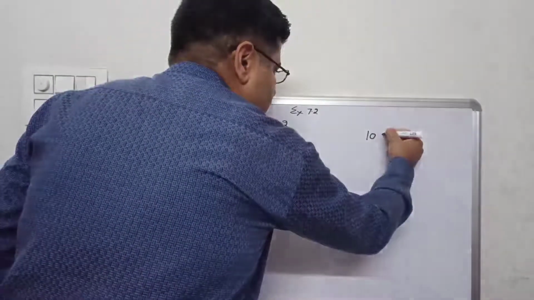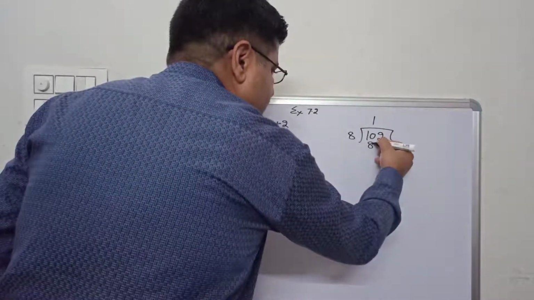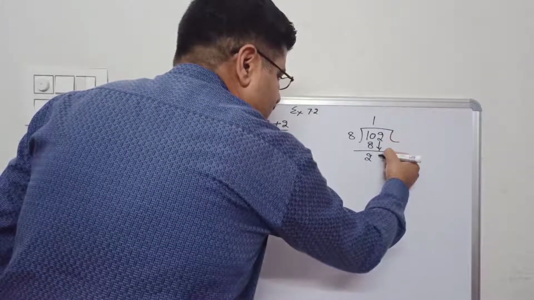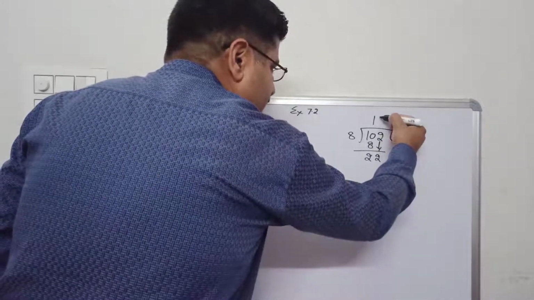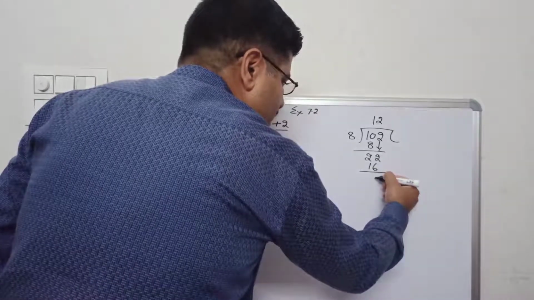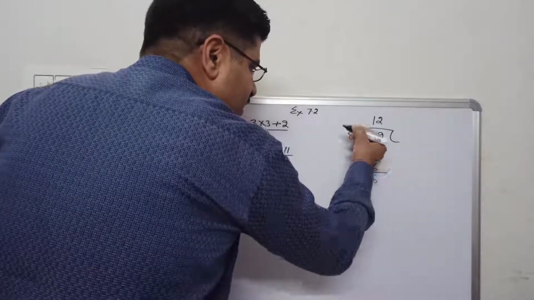So 102, when you divide by 8, we get 8 1s are 8. Remainder is 2 and write this 2 here. So 8 2s are 16. Now 22 minus 16 is 6. It is the quotient, it is the remainder and it is the divisor.